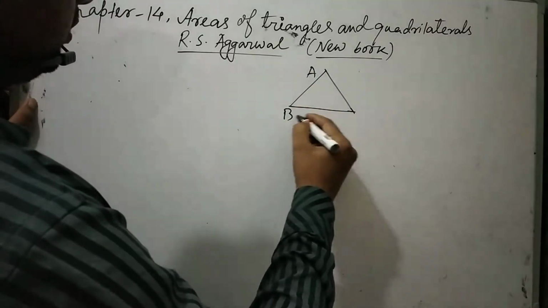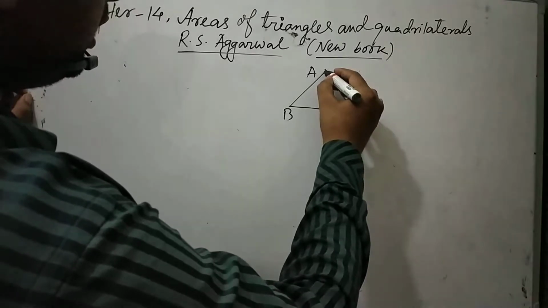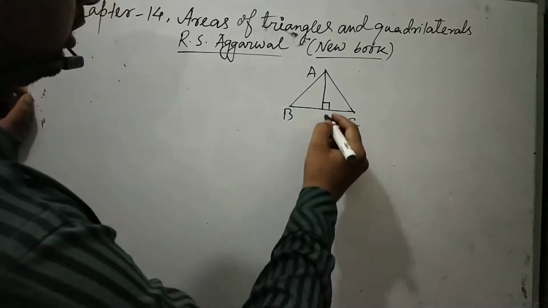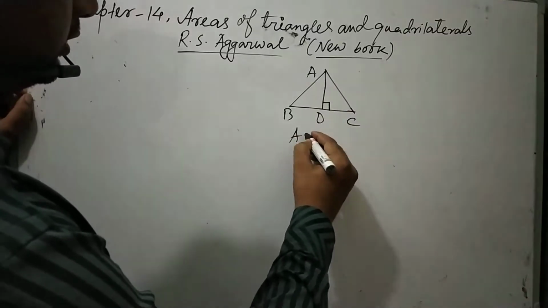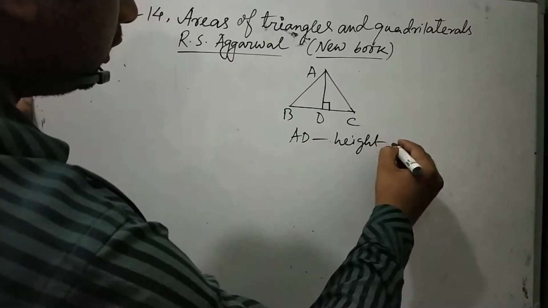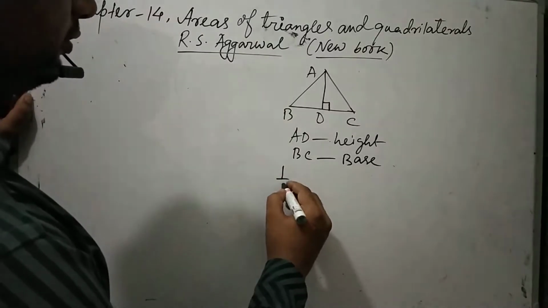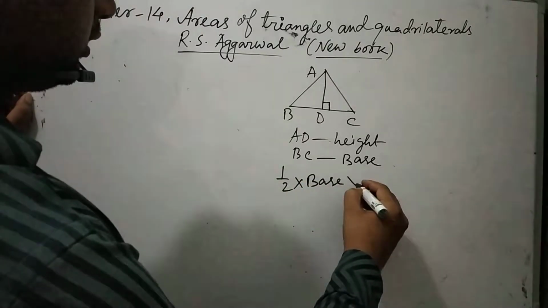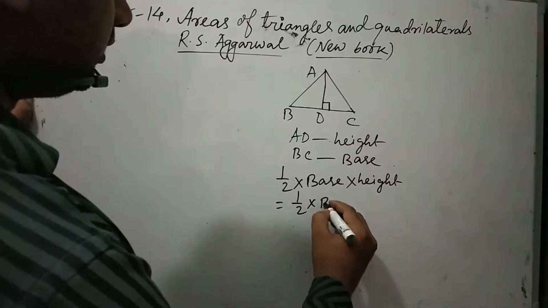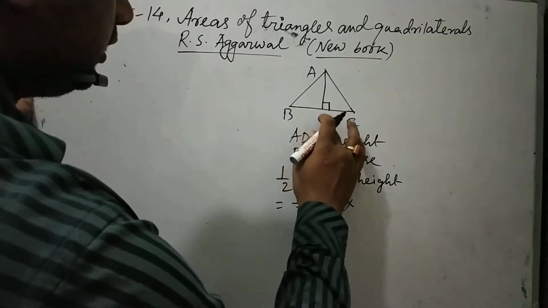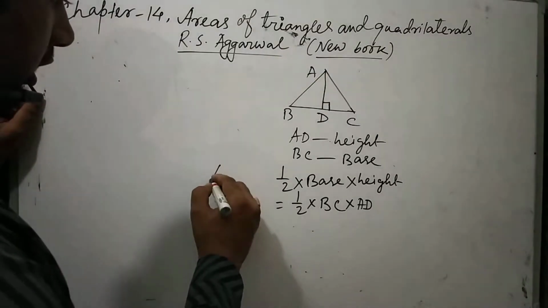Suppose ABC is a triangle, and if you know its base and the height to the corresponding base, suppose AD is the height and BC is the base, then by using half into base into height, that is half into base BC into height AD, you can easily find out the area of the triangle.